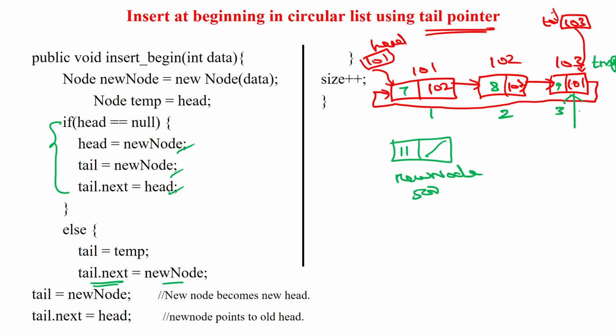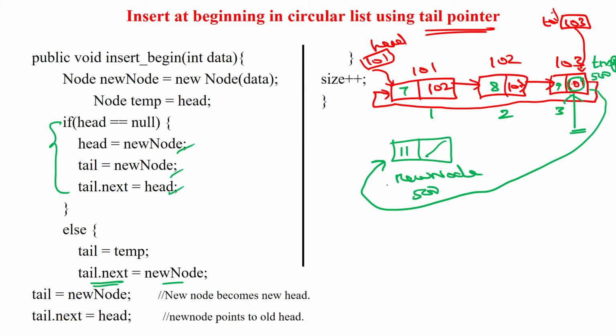You look at that, it is initially accessing the list itself by using the tail. So tail.next is the new node, so this is updating to 500.